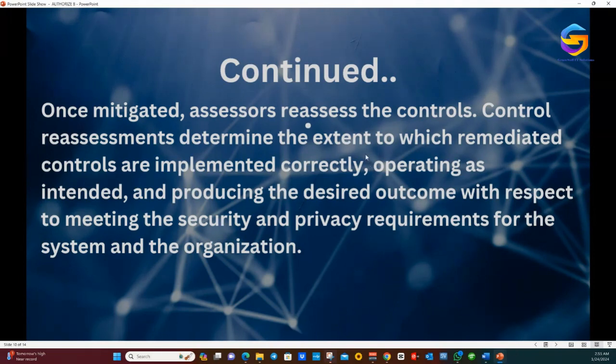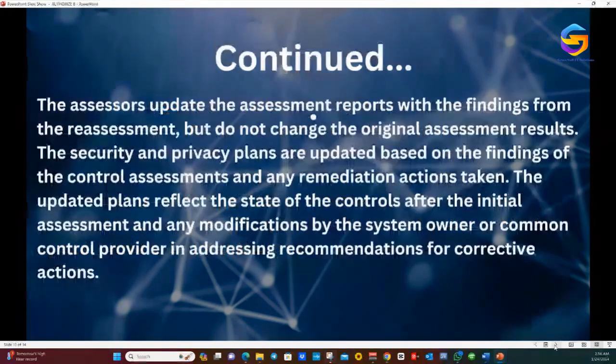Now, once mitigated, assessors reassess the controls. Control reassessment determines the extent to which remediated controls are implemented correctly, operating as intended, and producing the desired outcome with respect to meeting the security and privacy requirements for the system and the organization.